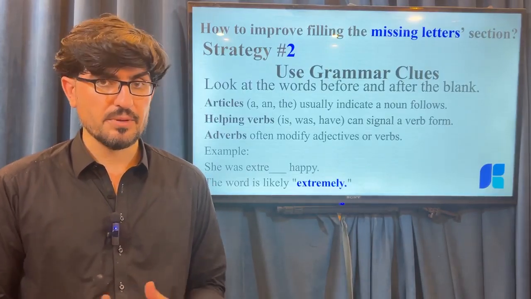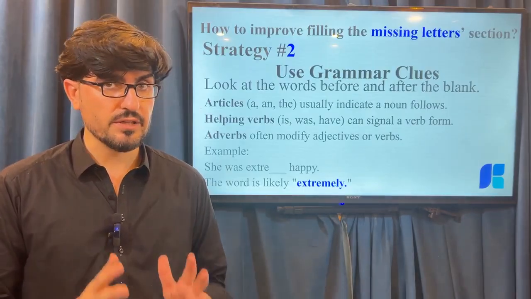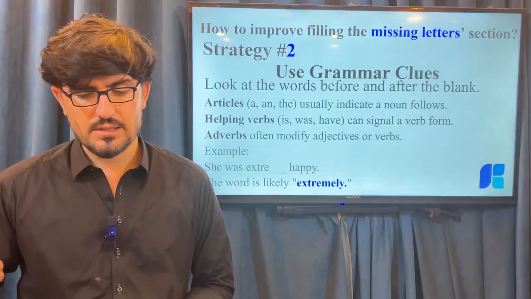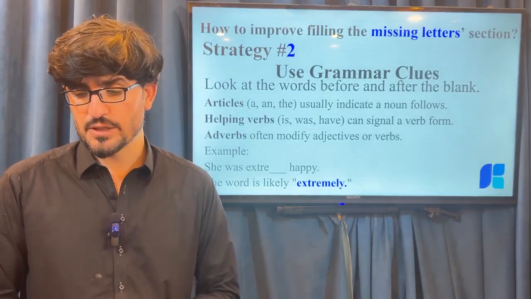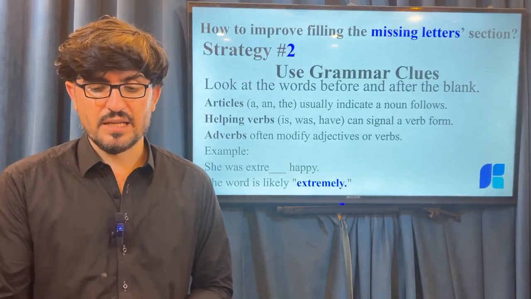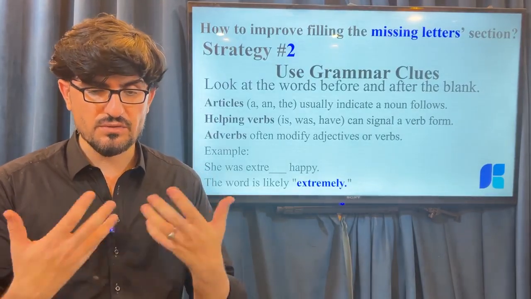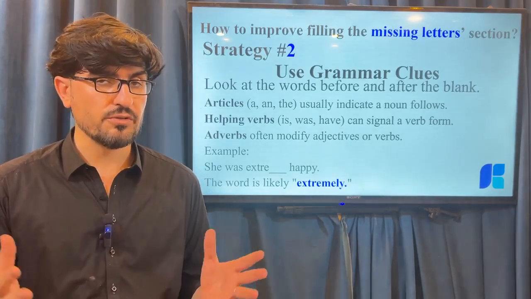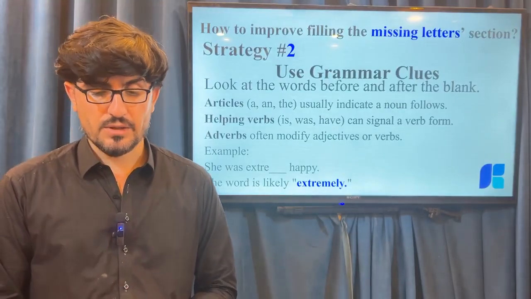Helping verbs are quite important, like the heart of a sentence. So is, was, have, or some other verbs can signal a verb form. These helping verbs could give you a sense of what kind of word or verb is needed here. So that could help you.